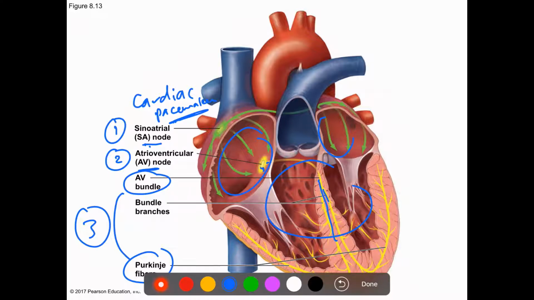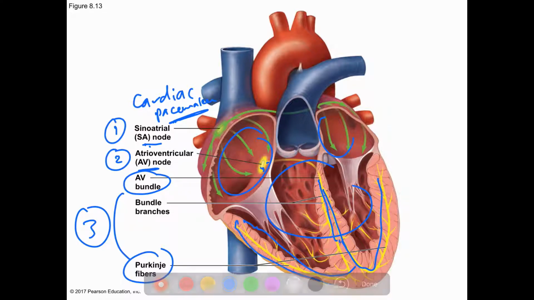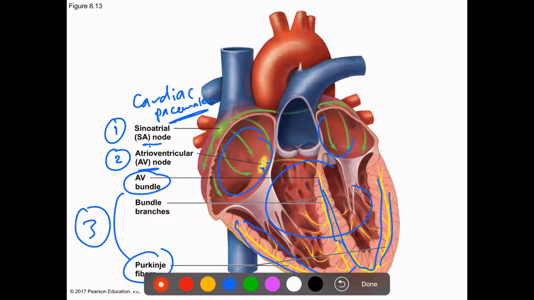These are running through the septum and through the ventricle walls, so they will carry the impulses to the ventricles. So this is, as we said, the cardiac conduction system.